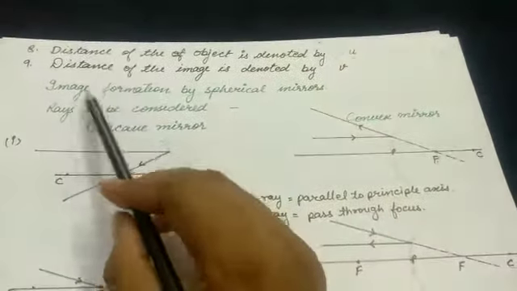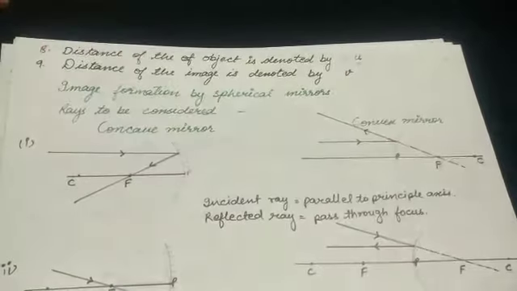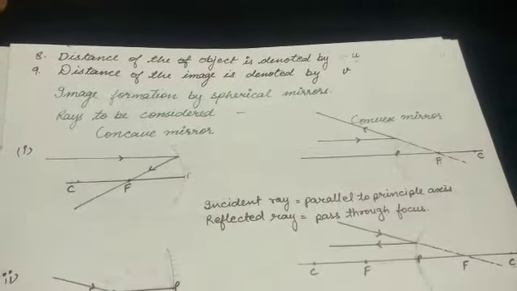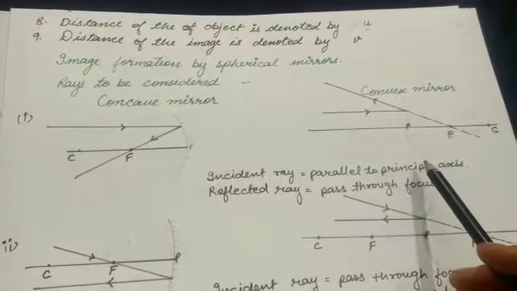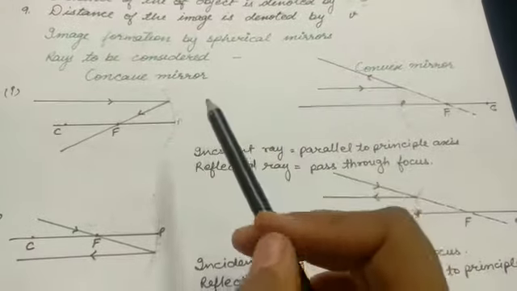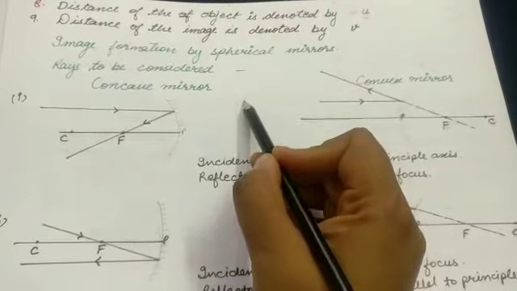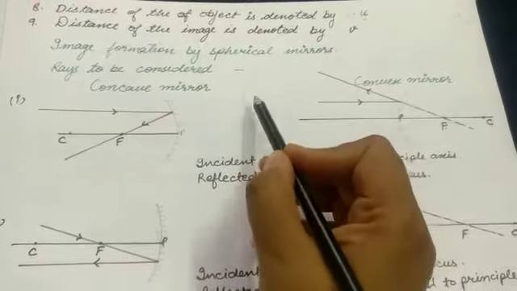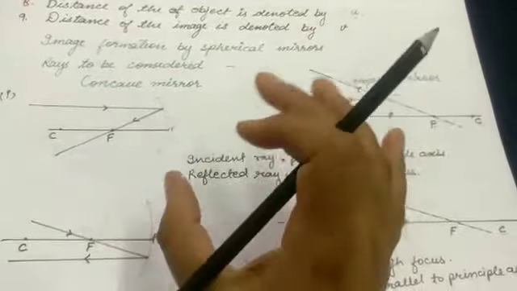Now, image formation by spherical mirrors. As we have seen, we have two types of spherical mirror, concave mirror and convex mirror. We are going to see how the image is formed over there. One thing I have already mentioned is that every object behaves like a source of light, and from that source millions of light rays keep emerging.